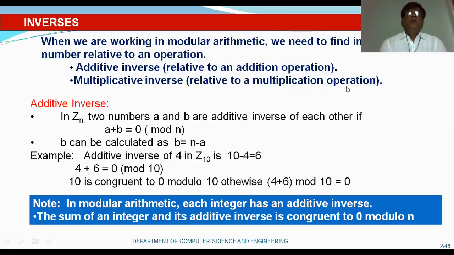Sometimes we need an additive inverse for a number. It is relative to the addition operation. Sometimes we use the multiplicative inverse for any integer, which is relative to the multiplication operation.